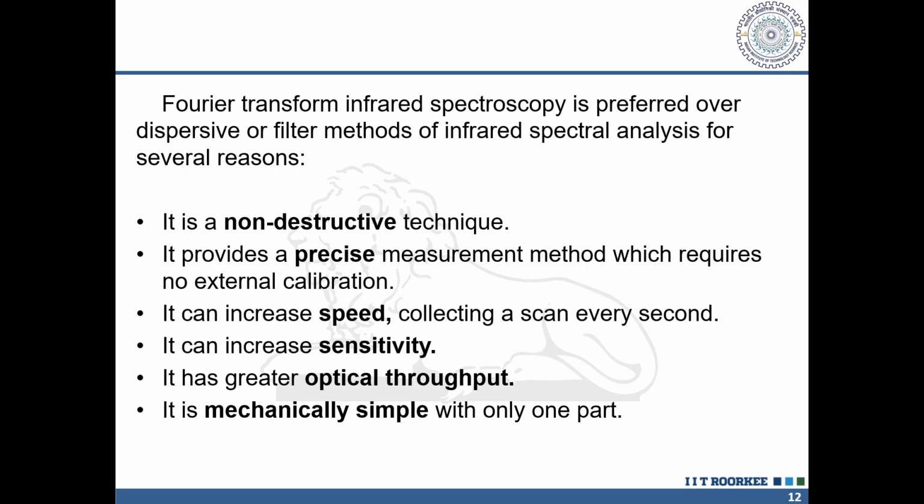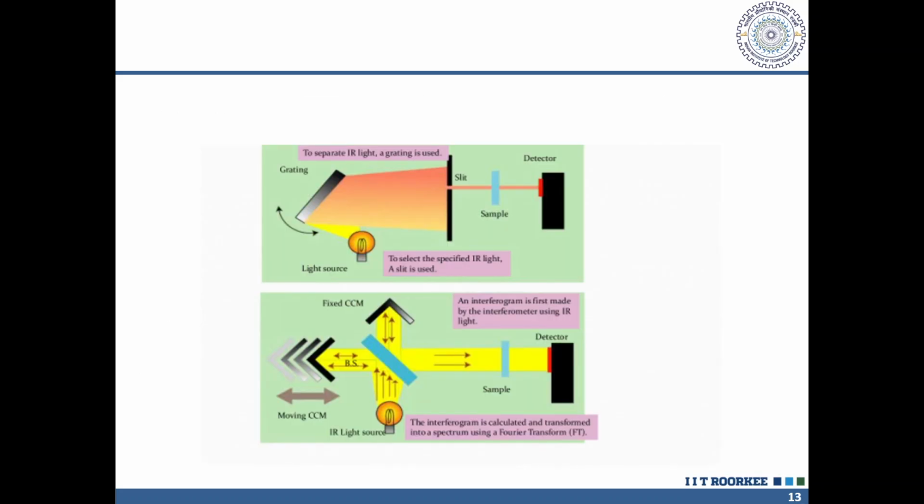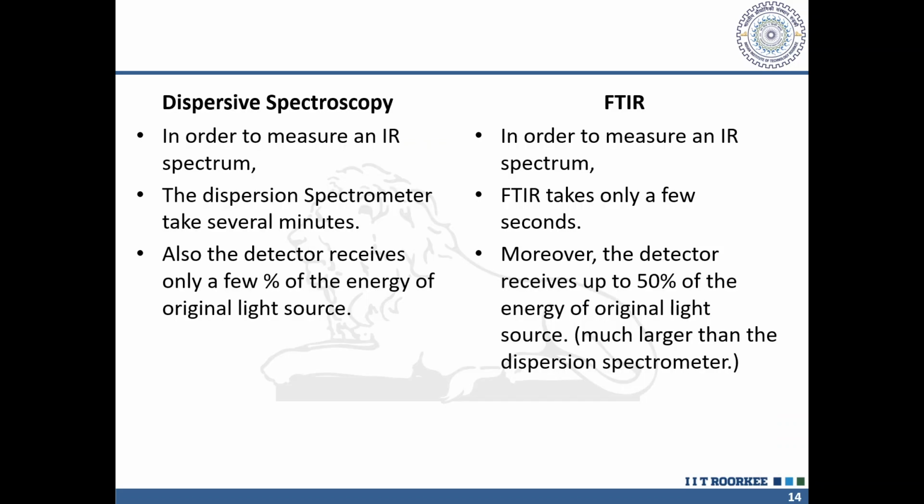It can increase speed, collecting a scan every second. It can increase sensitivity. It has greater optical throughput and it is mechanically simple with only one moving part. Here I can also explain how it exactly works, so we can move forward and discuss it.